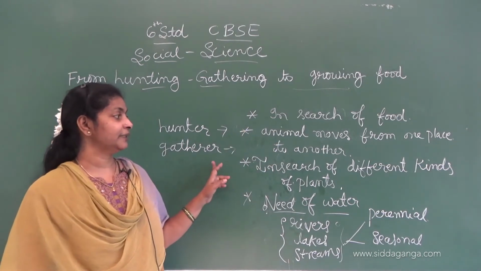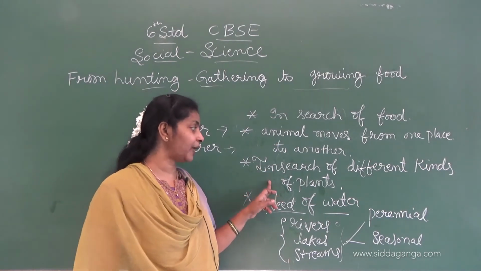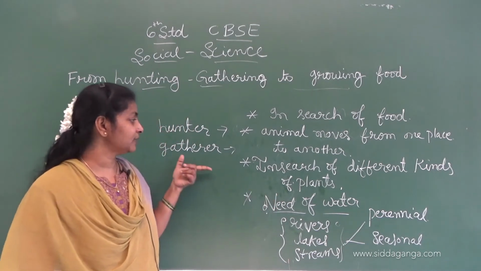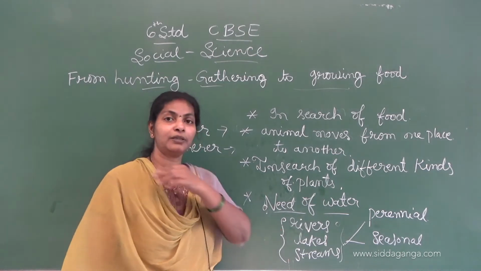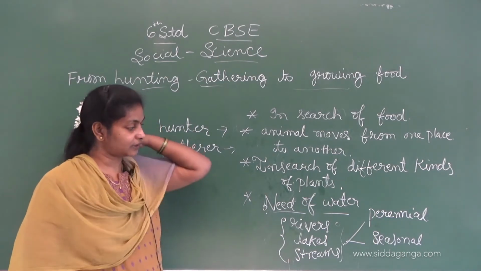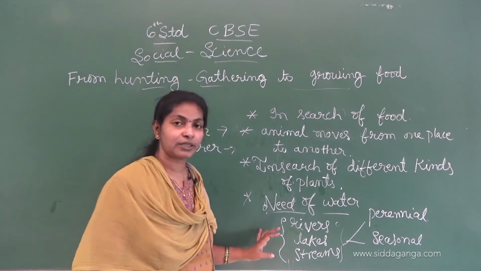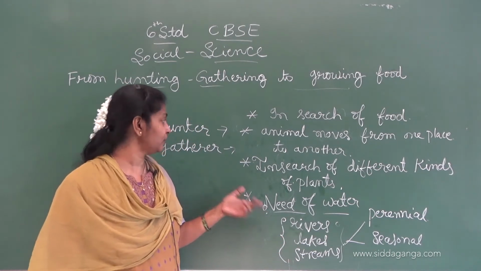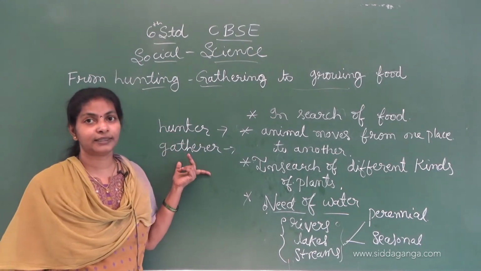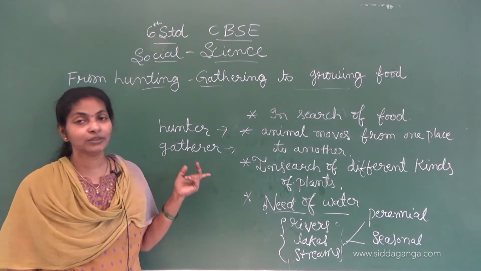The third one is in search of different kinds of plants. The fourth one is need of water. The people, birds, animals, and trees need water to survive. Isn't it? So, need of water also made the hunters and gatherers move from one place to another.